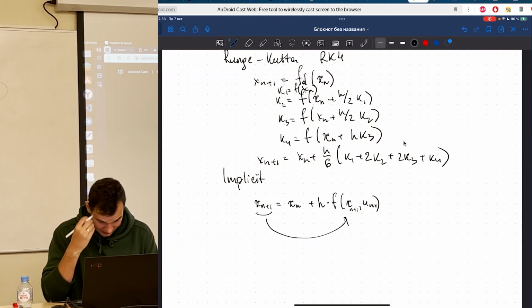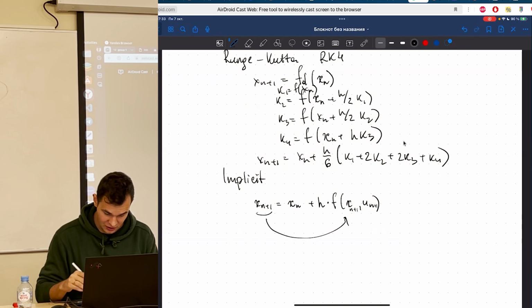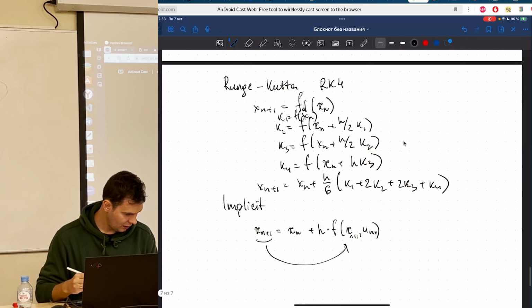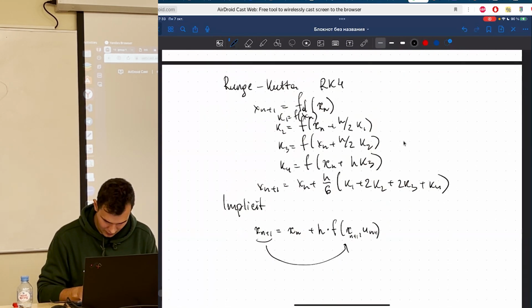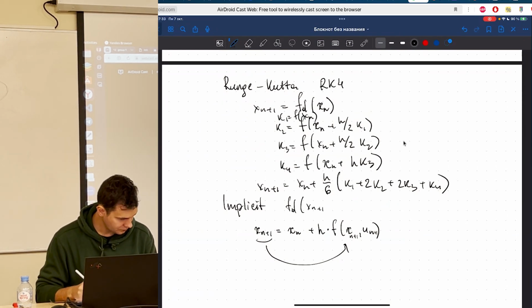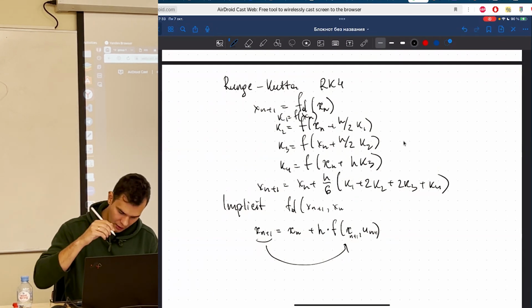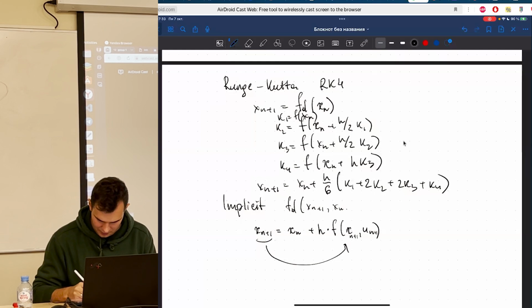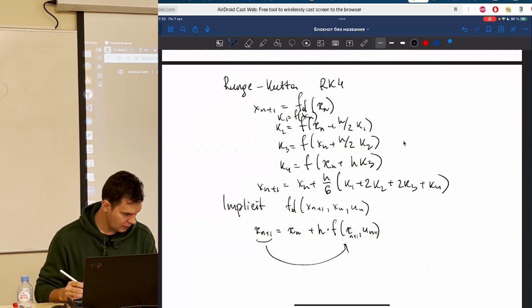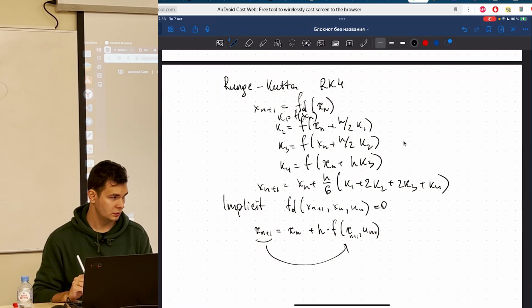So basically, in general form, for the implicit stuff, we do the following: a function that depends on the future step, current step, and the current control, equal to 0.